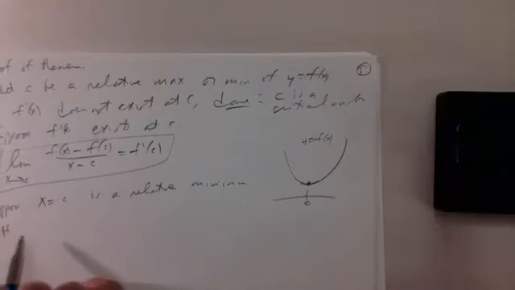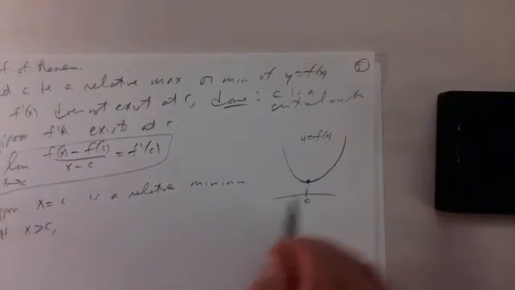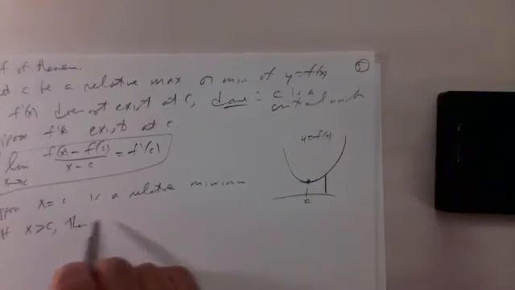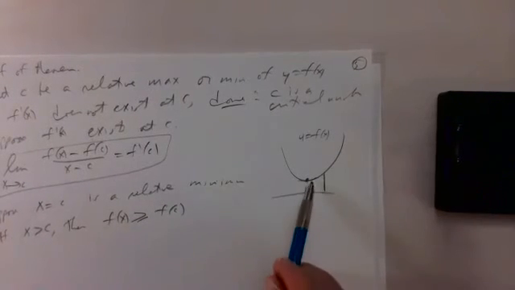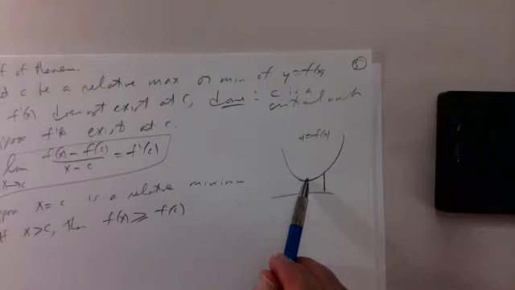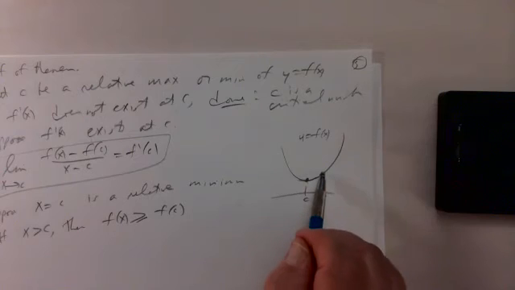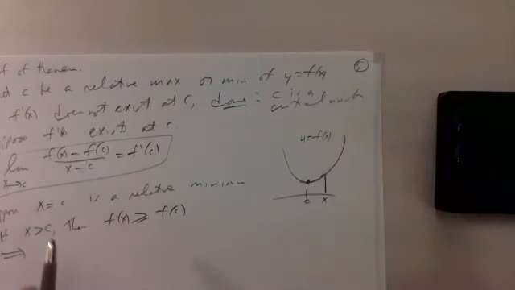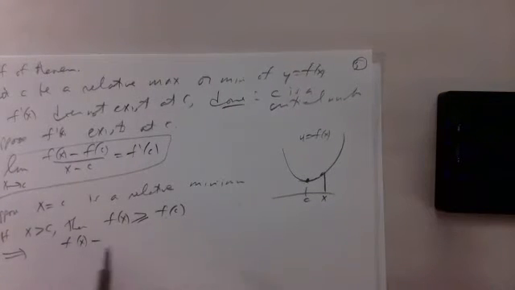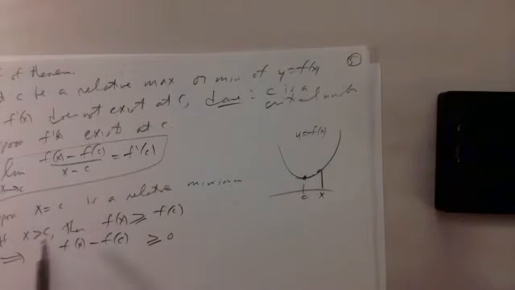It means that if x is bigger than c and close to c, then f of x is greater than or equal to f of c, because the function is no bigger than it is anywhere around it. So f of x minus f of c is greater than or equal to 0.